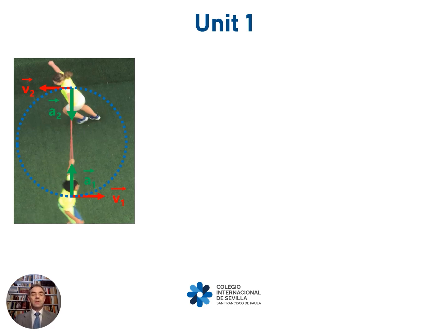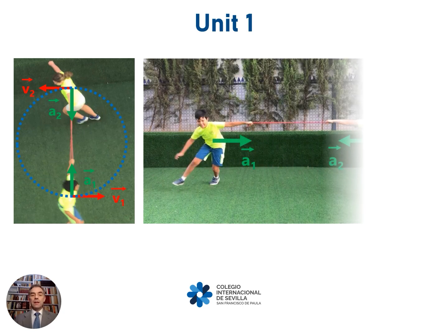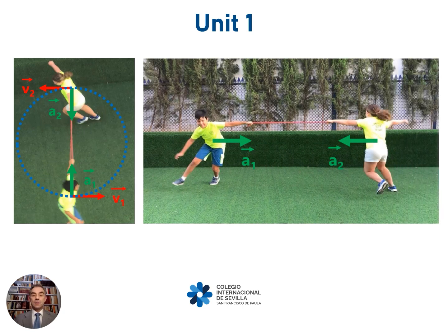Let's see the same image from a different angle. As we can see now, Sergio is facing us, whereas Valle is facing towards the other side of the image. We can see the rope, and we can see how the tight rope is pulling Sergio towards the right and is pulling Valle towards the left.